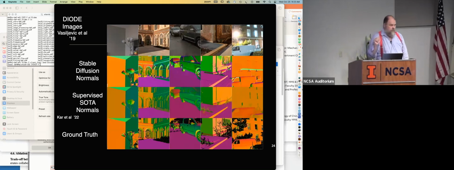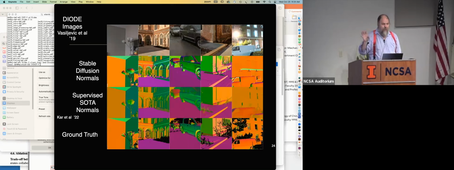State-of-the-art normals, right? Single image normal predictors are the third row, and they're really pretty good, but they're not as good as the stable diffusion normals, and both of them are very, very close to ground truth, but stable diffusion is closer. So again, I'm suppressing the semantics of how this was extracted, and the question of how the word know is used becomes interesting here.